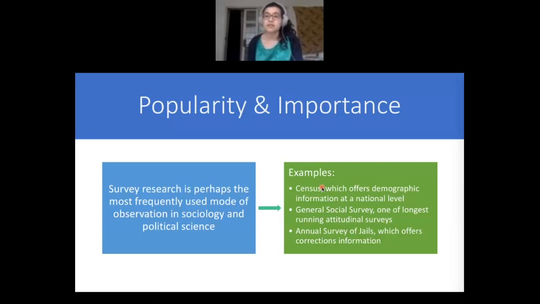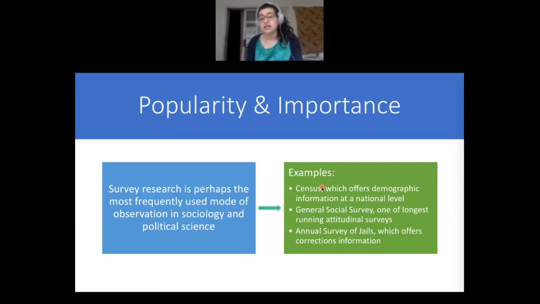It offers us demographic information on a national level, so it gives us a picture of everyone who resides within the US. Then there's the General Social Survey, which we'll also talk about as an example, and it's one of the longest running attitudinal surveys. So it asks people questions about their beliefs and their opinions.